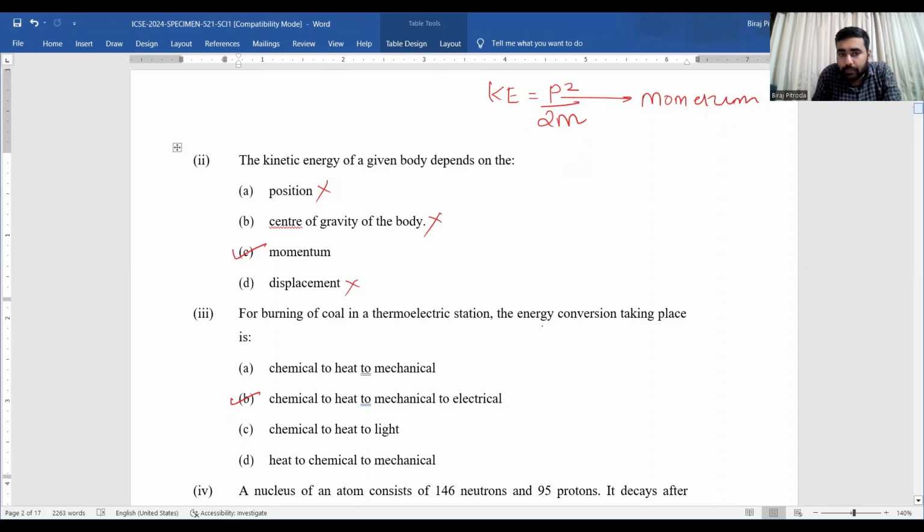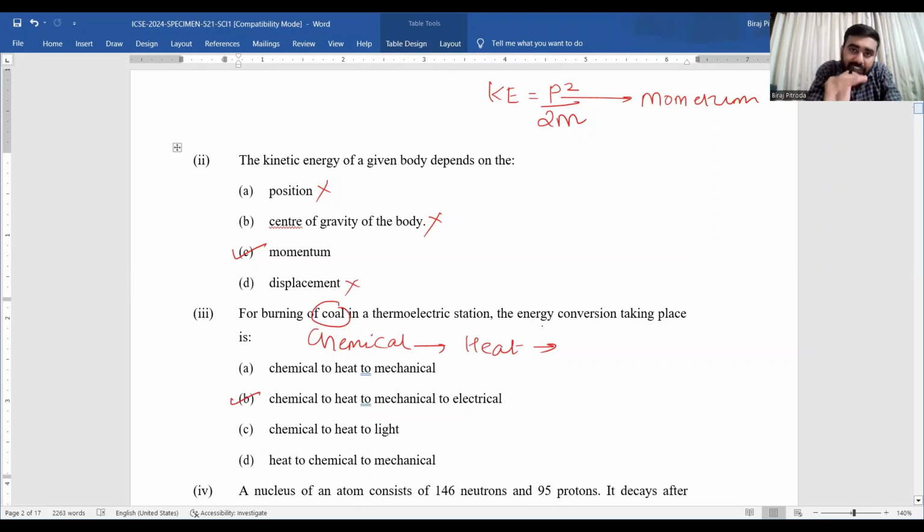They have told for burning of coal. So coal basically has chemical energy. When this coal is burned, that chemical energy will get converted into heat. Later, students, that heat energy will be utilized to convert water into steam, which happens in this power station.